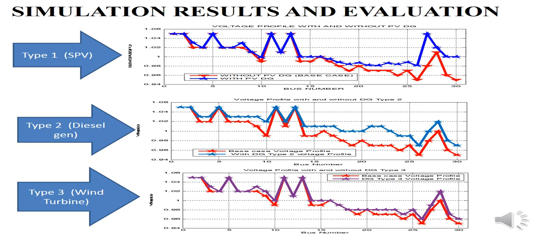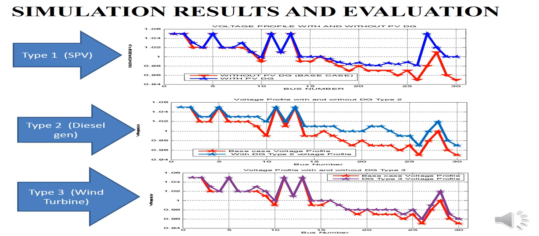At this point, we see the effect of solar PV when placed at the network, improving the voltage profile of the network from bus 15 to bus 30. There was much improvement. In the same way, type 2 uses diesel generator.